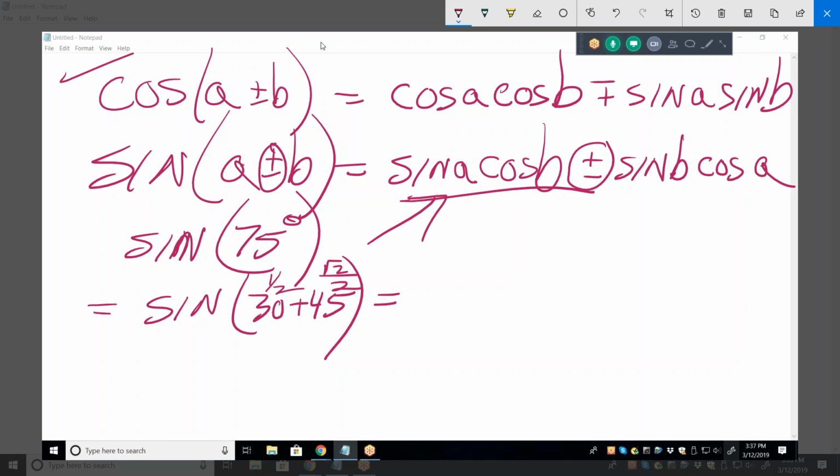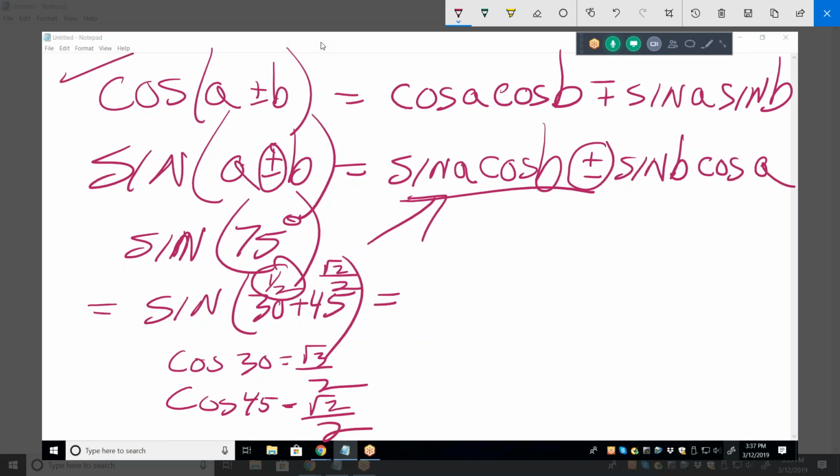Well, hold on. We got to do a little bit more. What's the cosine of 30? Because we're going to need that also. Over 2. And what's the cosine of 45? Okay, now we have all four pieces. We have that one, that one, that one, and that one. We're just going to fill in.